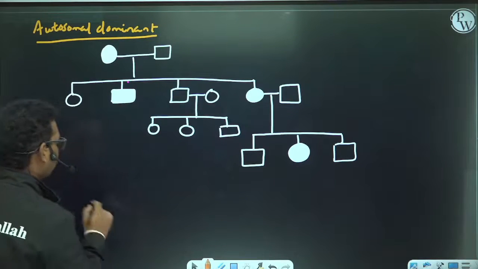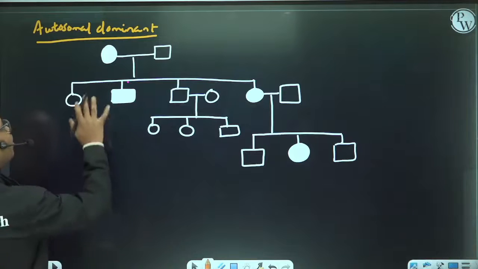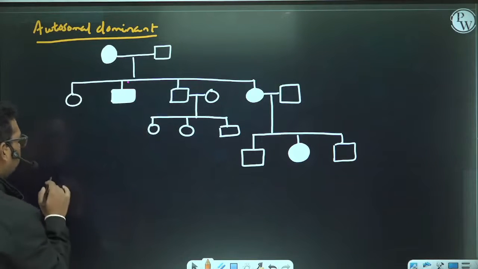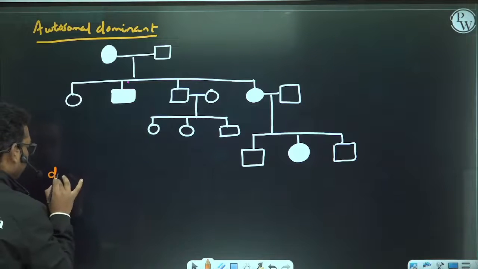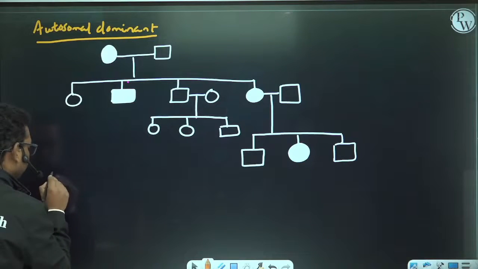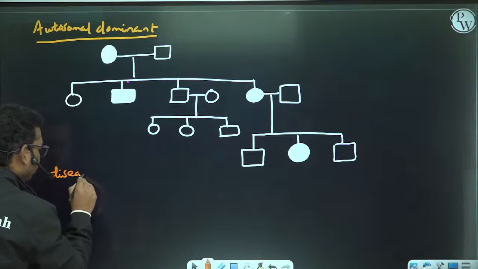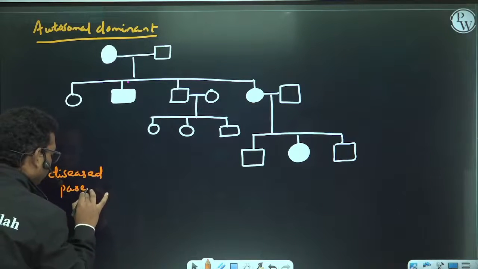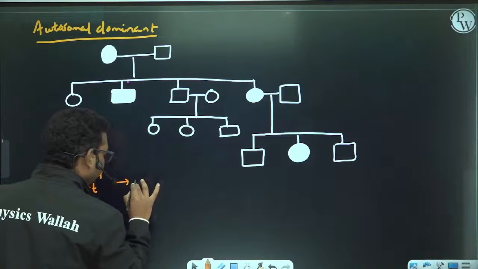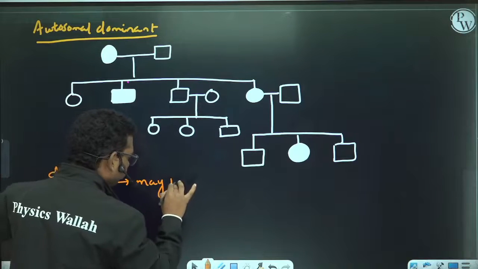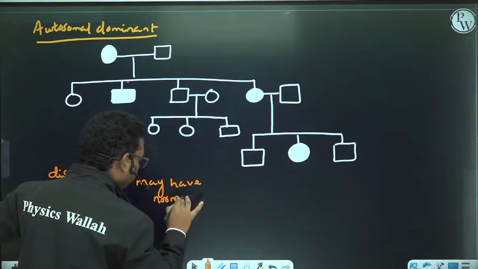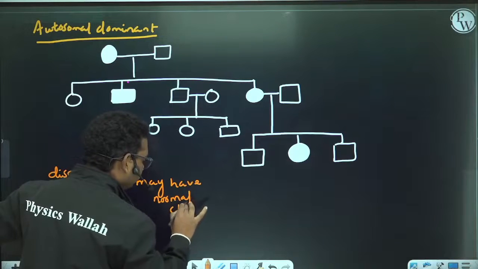That means the key to identify whether the pedigree is autosomal dominant is that the diseased or affected parent may have a normal child.